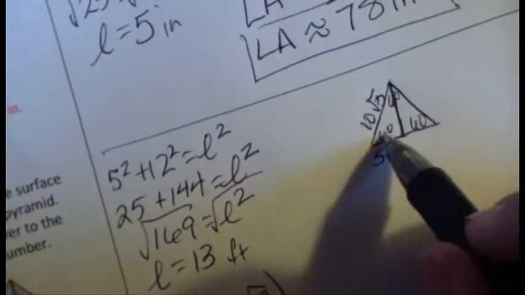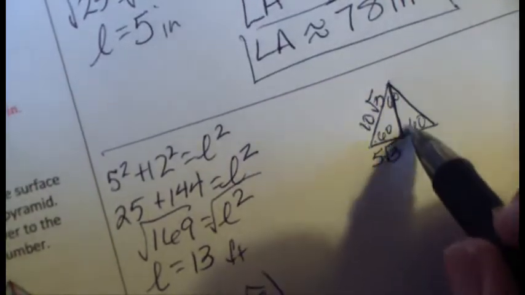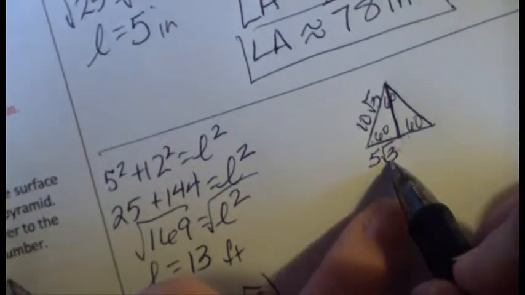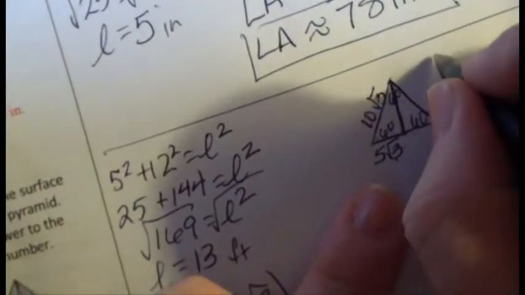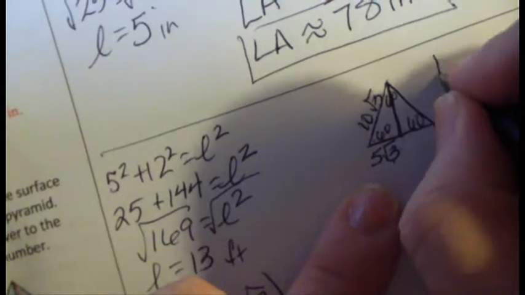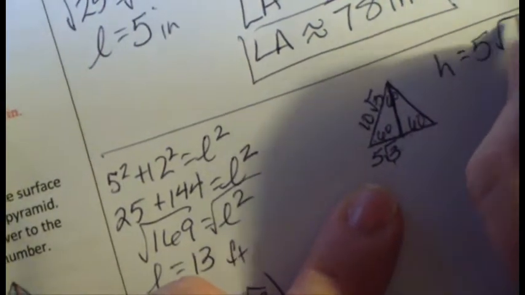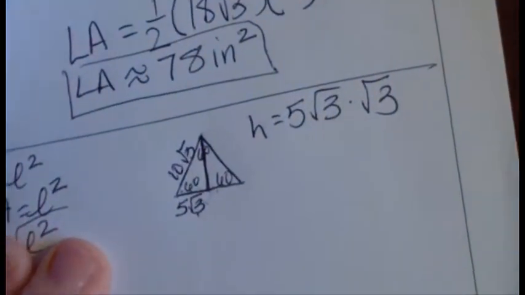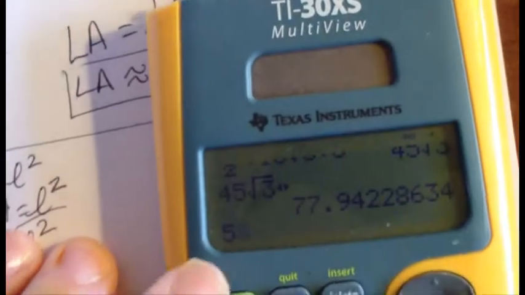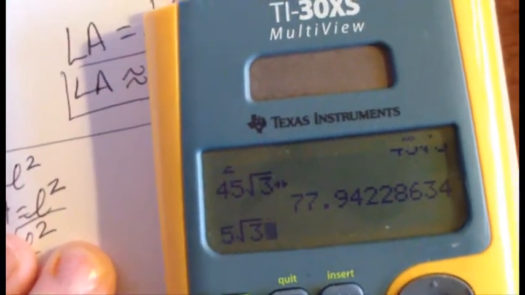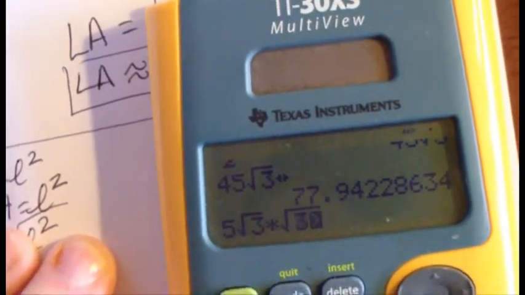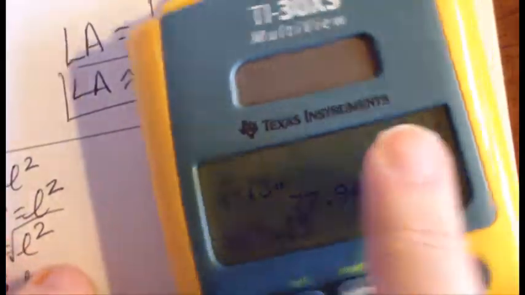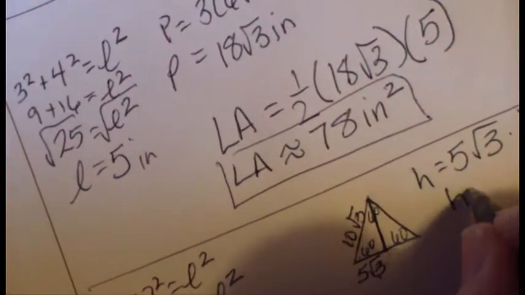We know the longer leg is the shorter leg times the square root of 3. So h is going to be 5 square root of 3 times the square root of 3. If we plug that into our calculator, 5 square root 3 times the square root of 3 is 15. So our height is 15.